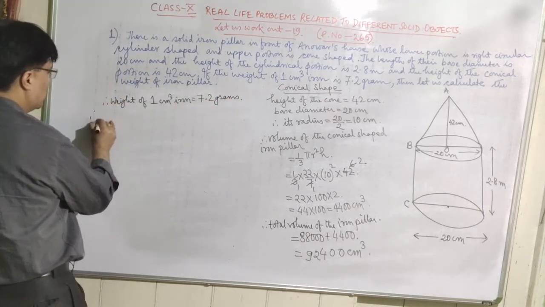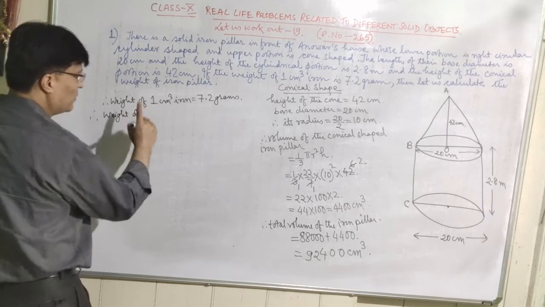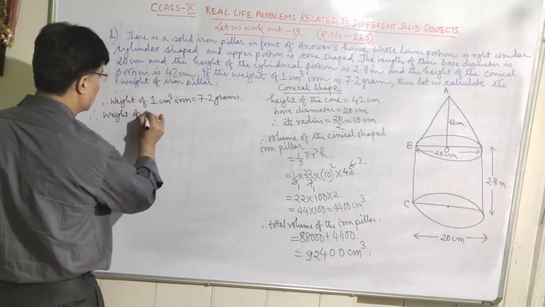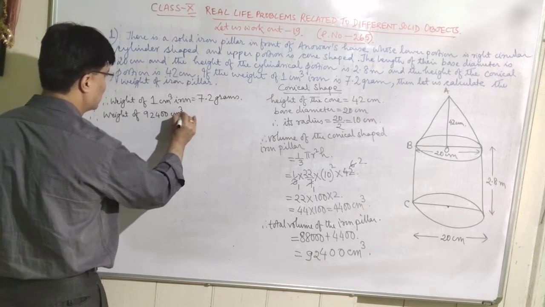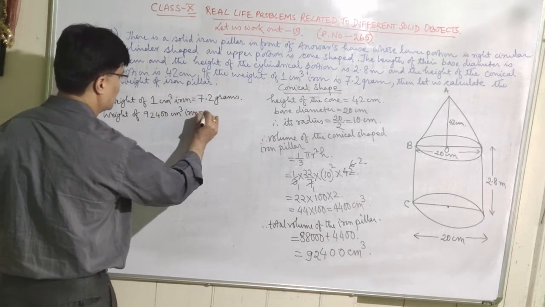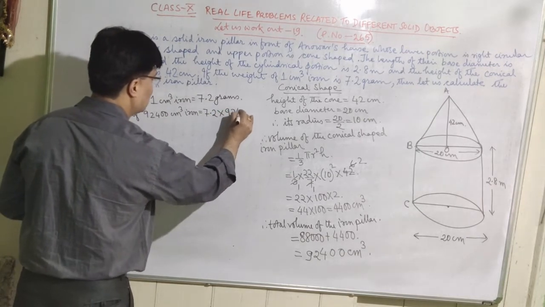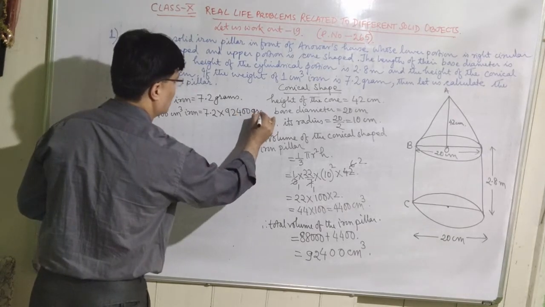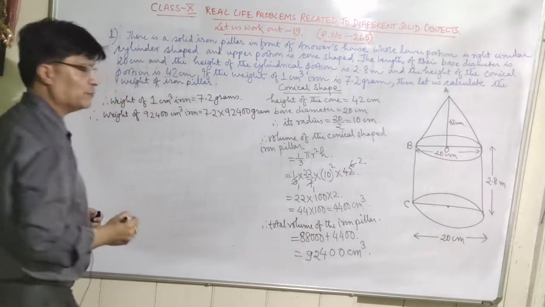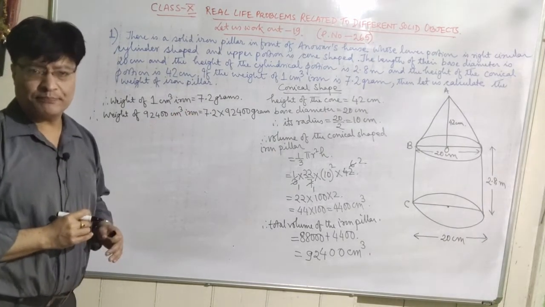Therefore weight of 92,400 centimeter cube iron is equal to 7.2 into 92,400 grams. Okay. So now let us multiply them.